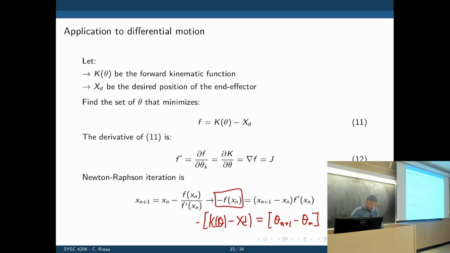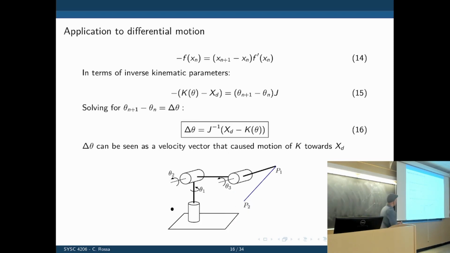And then the last one, the derivative of f, is the gradient or the Jacobian. So this is what I have in equation 15 here, just rearranged.